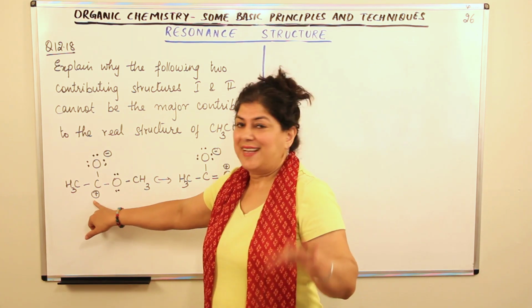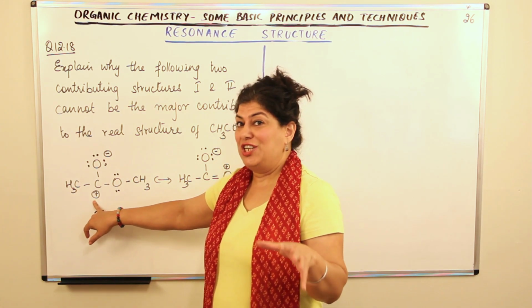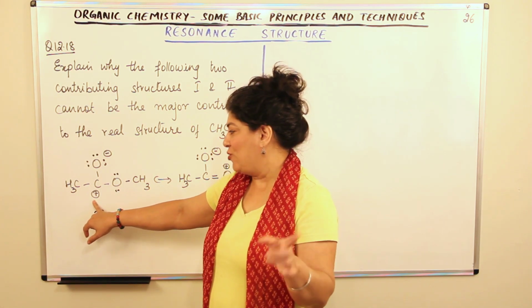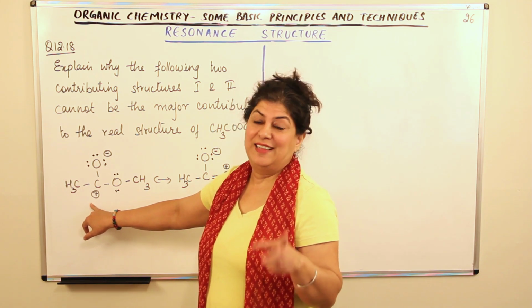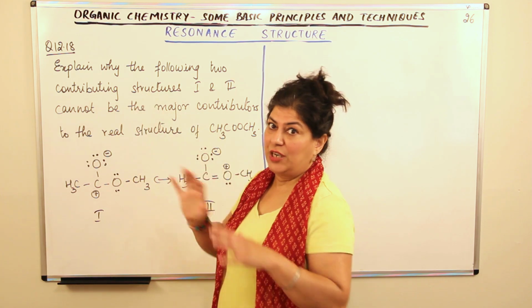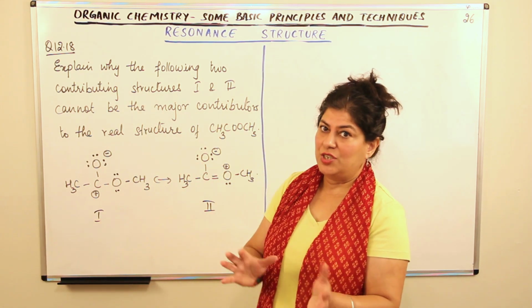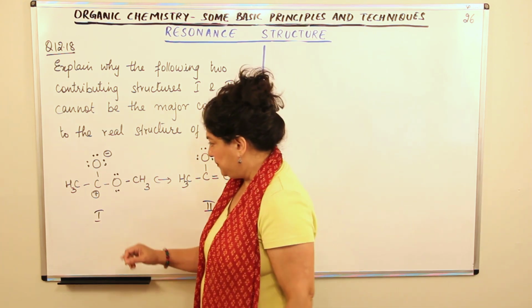So it has a sextet of electrons. Since it has a sextet of electrons, its octet is not complete, therefore this is unstable. And this cannot be the major contributing structure. It cannot be the main structure which is helping in resonance. It may be one of the structures, but it is not a major contributor.